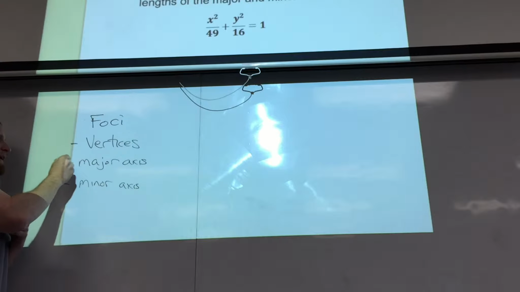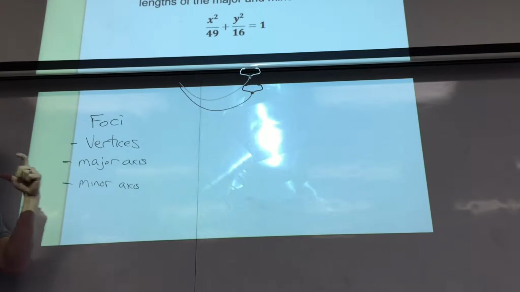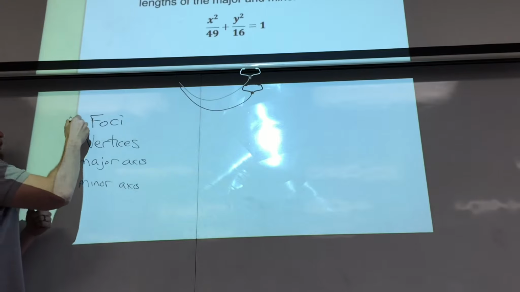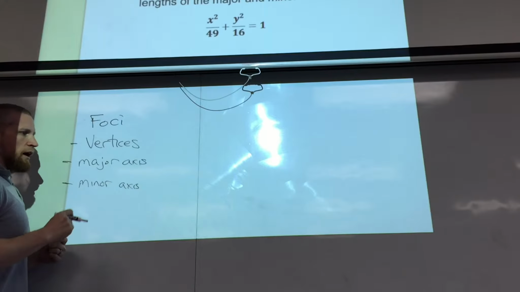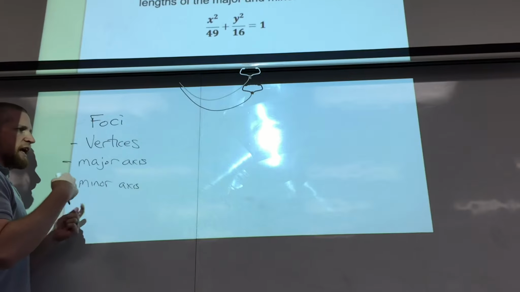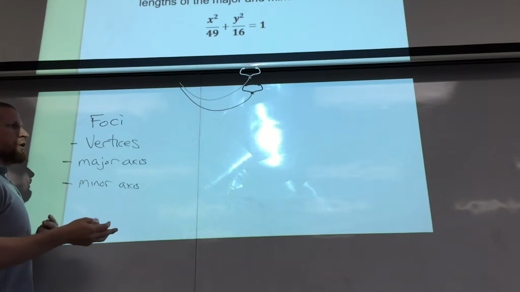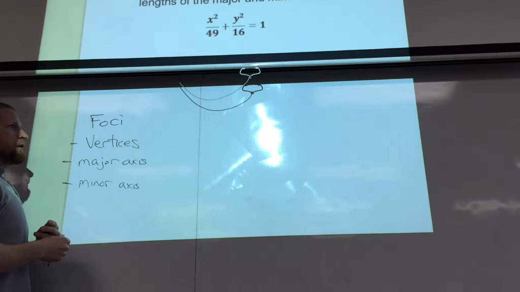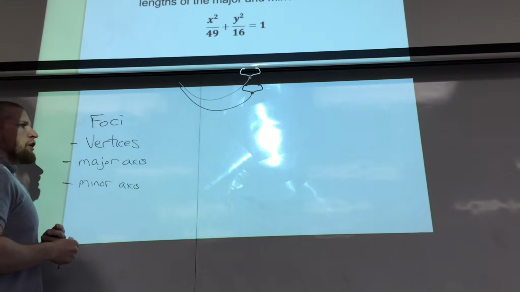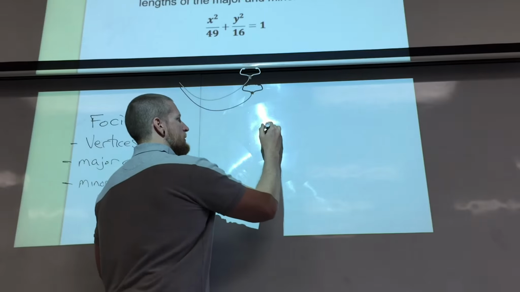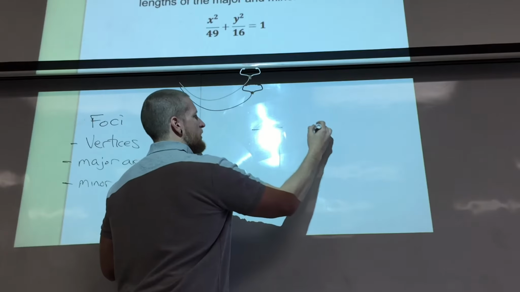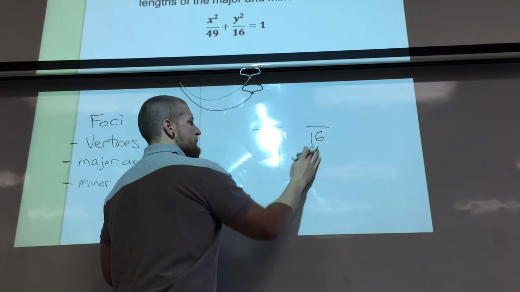Because these three come from whatever numbers are being divided by. The two focus points you get by actually having to do a little bit of work. All right, so the two numbers that are being divided are those two.